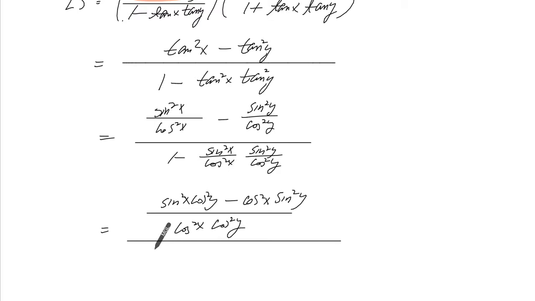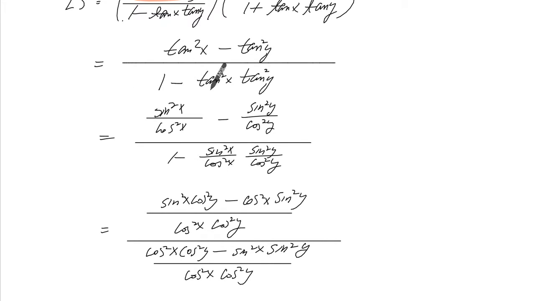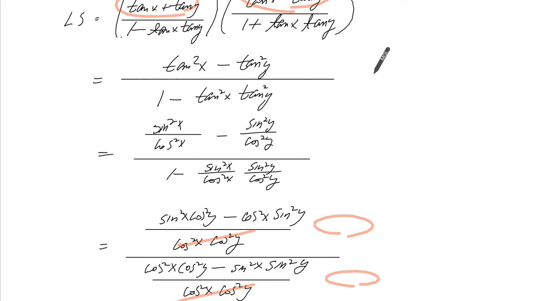Okay, if you combine this, you get cosine squared x, cosine squared y minus sine squared x, sine squared y, all over the same denominator. Okay, so if you multiply the top and bottom by exactly this, this will cancel out. And what we have is just this over that. Okay, so let me write that here.